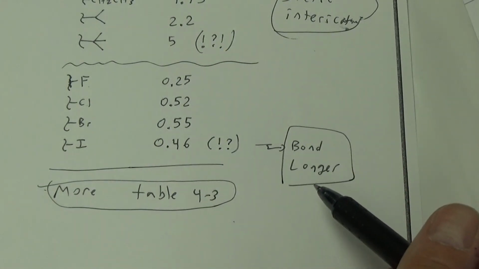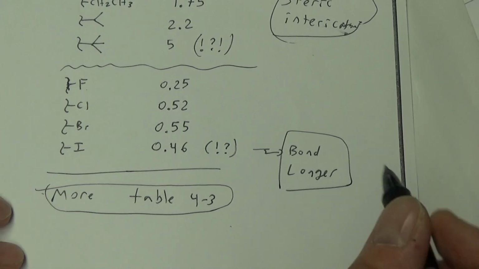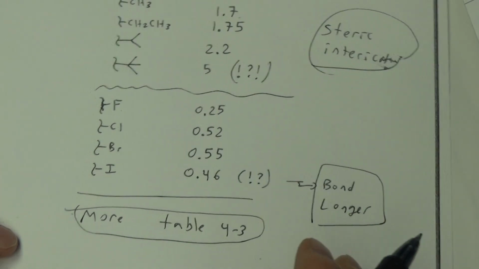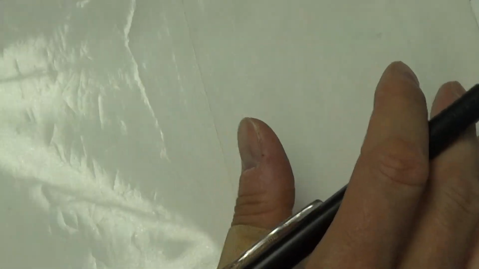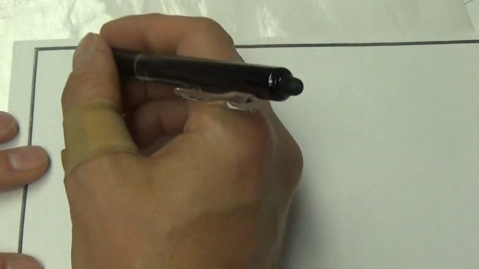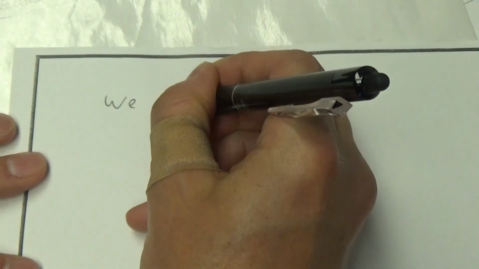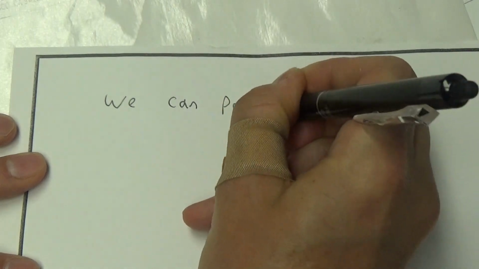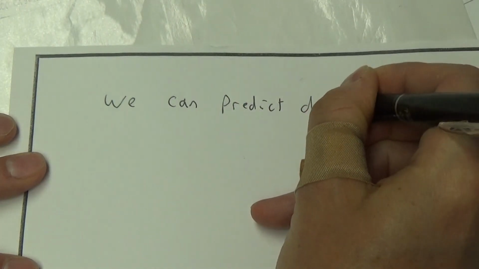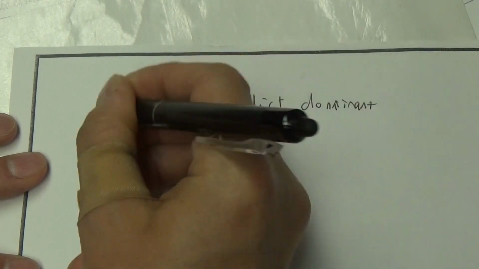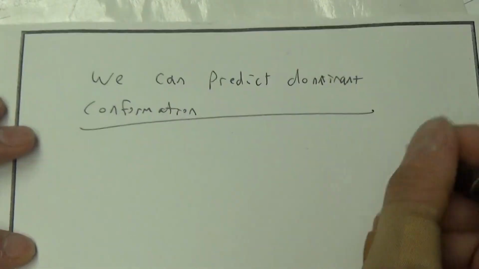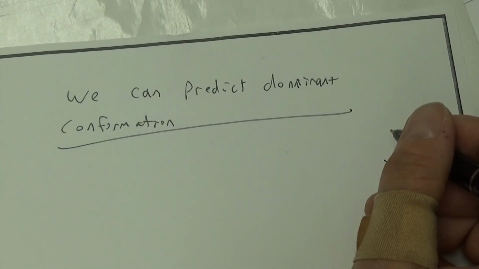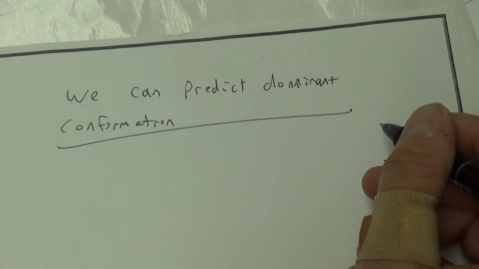All right. So let's see. We can predict the dominant conformation. And this is a strategy I created myself, so it's a little different than the way the book does it.